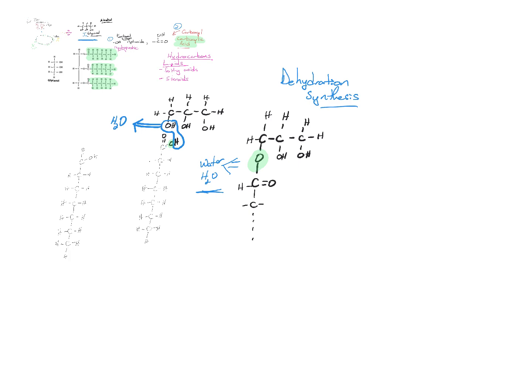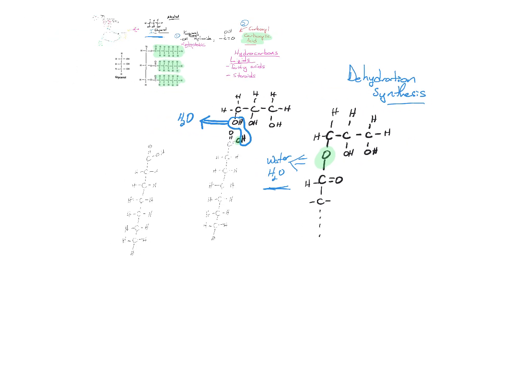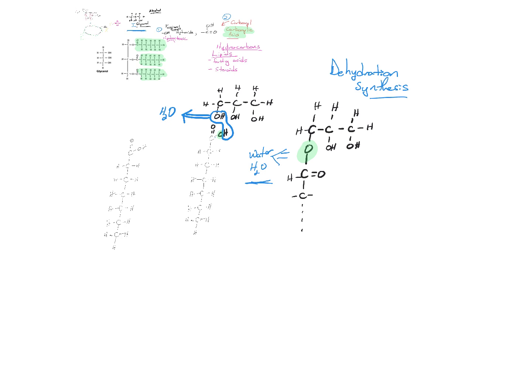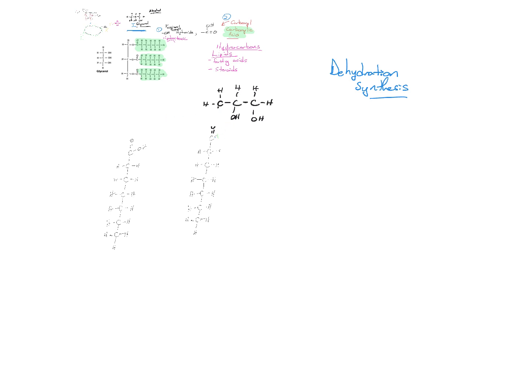Next, you don't have to put 3 fatty acids. Are you ready? Because I'm going to erase all this. Is this okay? Can I erase? So you don't have to put 3 fatty acids. You're going to do the same process. You're going to add 2 fatty acids. So that gives you 2 waters.